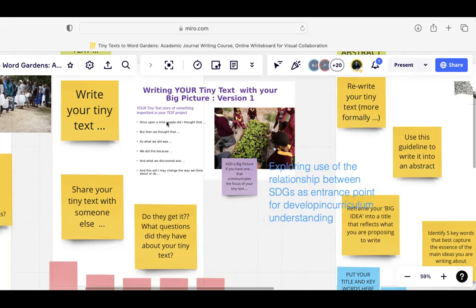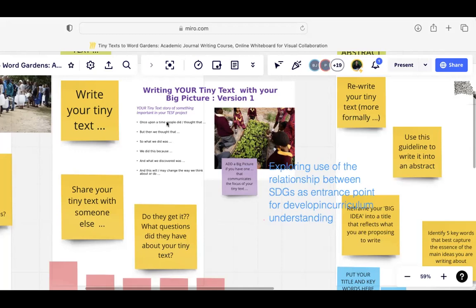The author who writes the tiny text must take notes of what the other person says, okay? So if I write a tiny text, and I'm going to write one, and share it with one of you, I'm going to invite you to give me feedback, and I'm going to take notes about what you said. That's going to help me to revise my tiny text and to move it into an abstract.